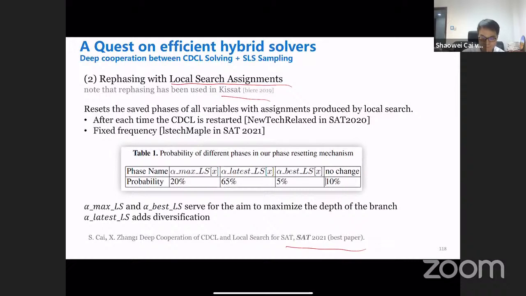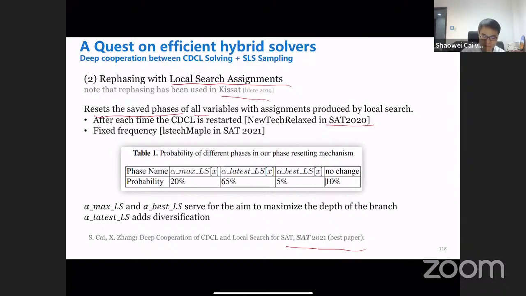We reset the phases of all variables with local search assignments. In the first version, in the SAT Competition 2020, this is done after each time CDCL is restarted, with the local search assignment.